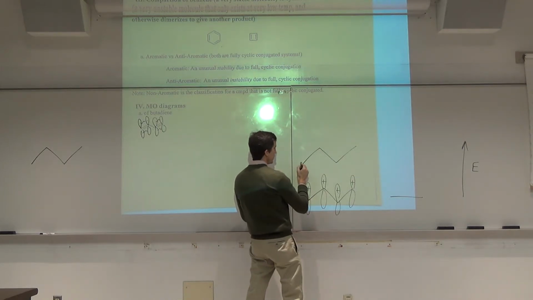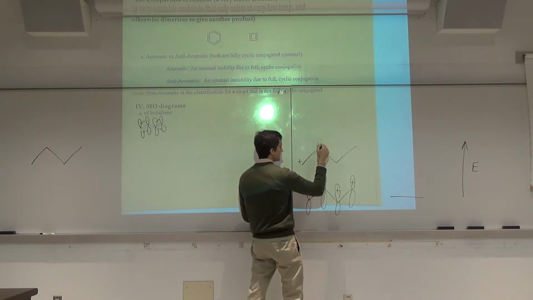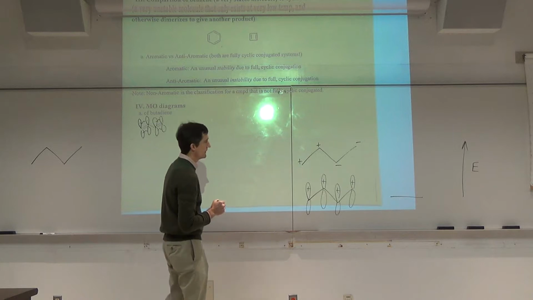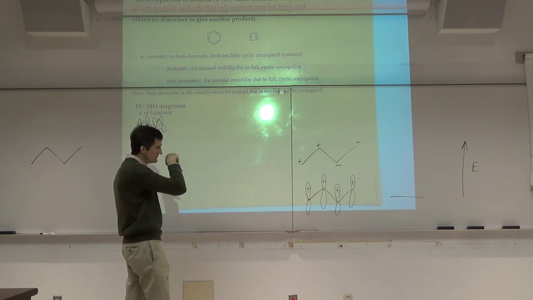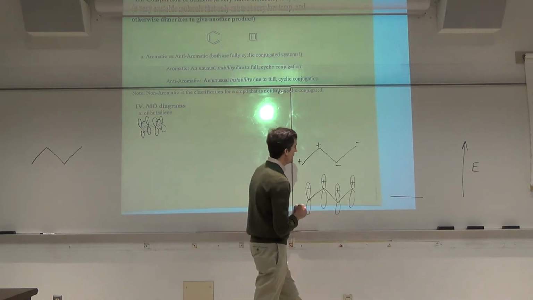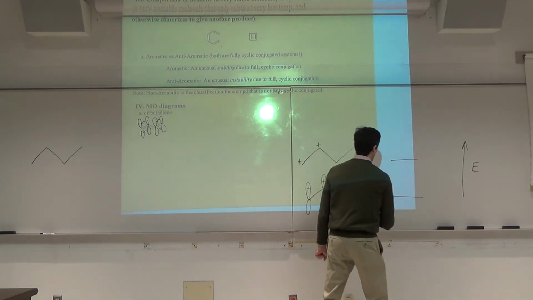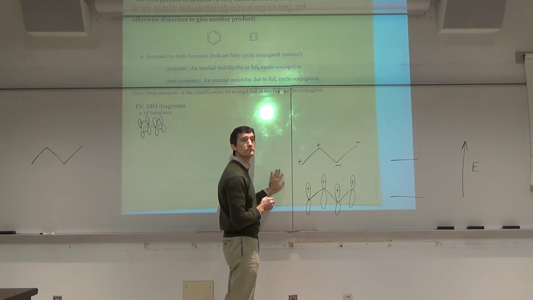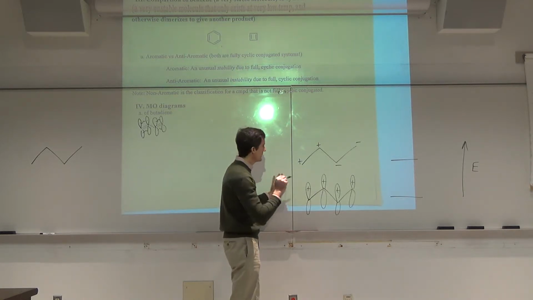Another way is to go maybe plus, plus, minus, minus. And this is going to be another molecular orbital. 16 combinations? No, I'm only going to get 4.